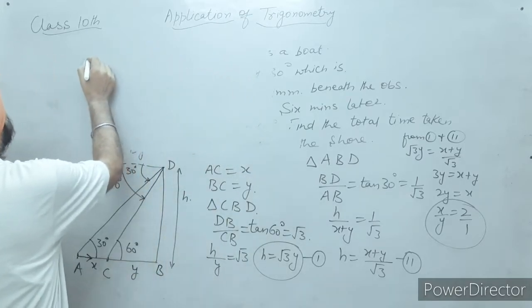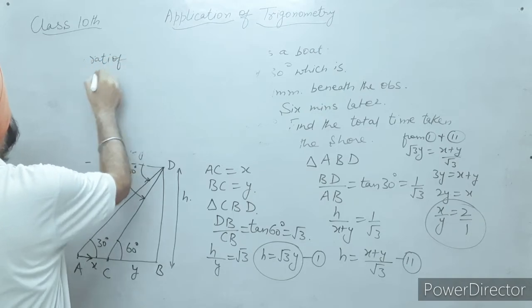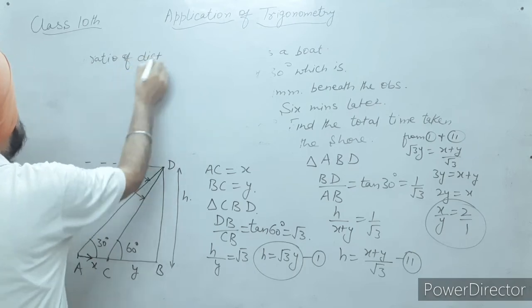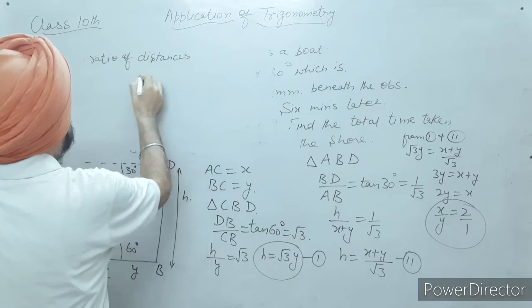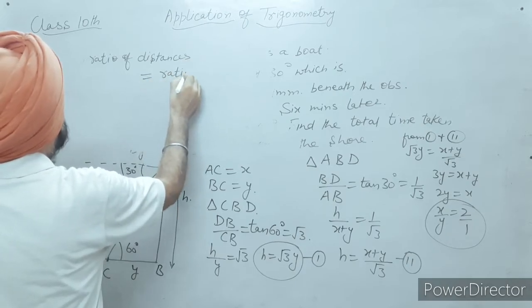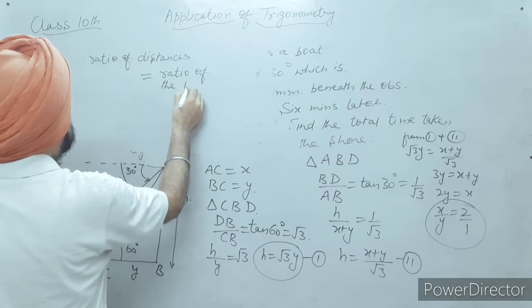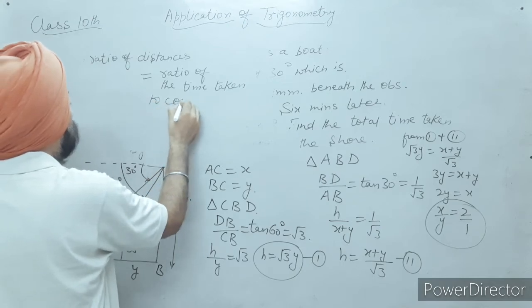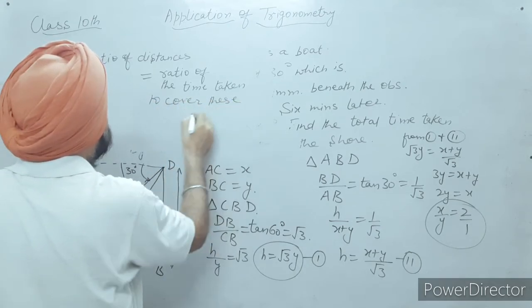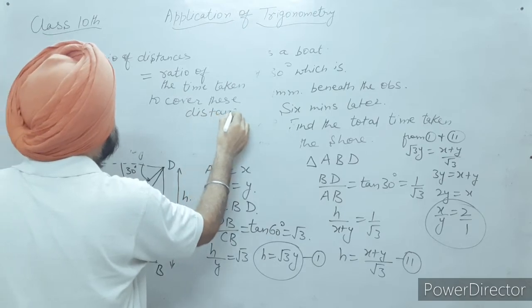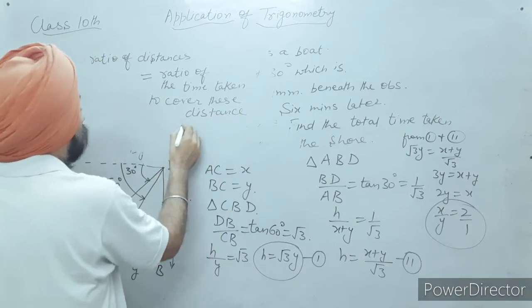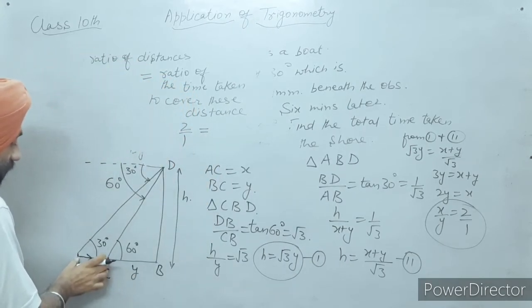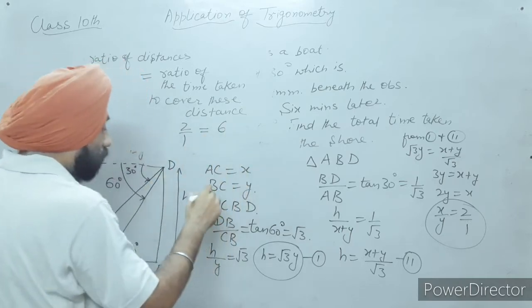Now, the ratio of distances must be equal to the ratio of the time taken to cover these distances, which means 2 upon 1 must be equal to, what is the time taken to cover AC? That is 6 minutes, it's given.